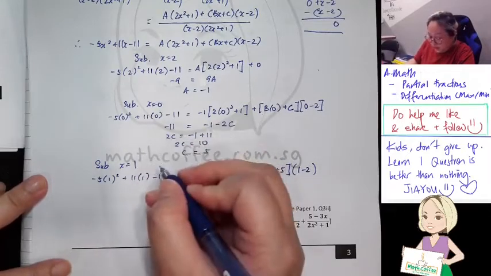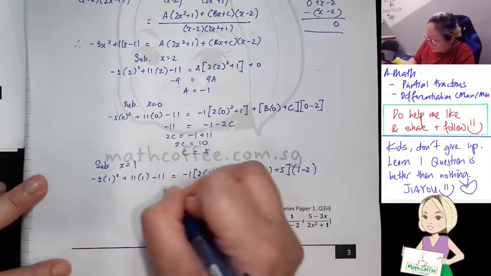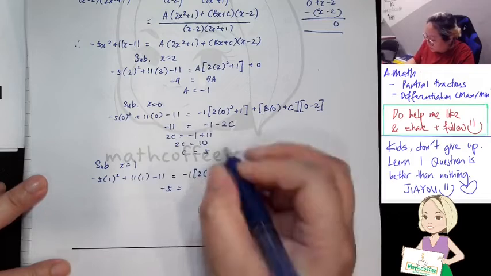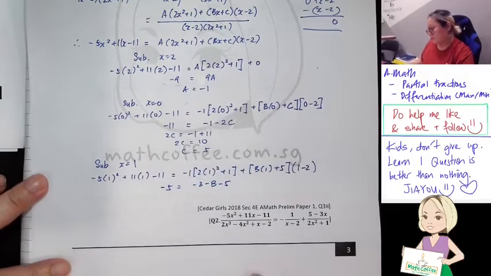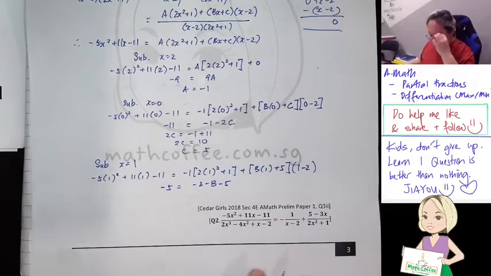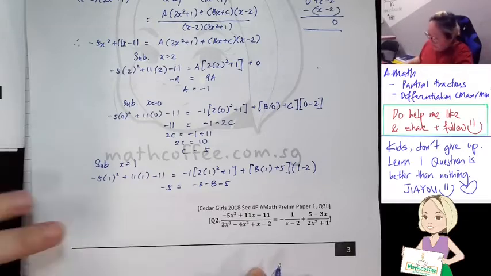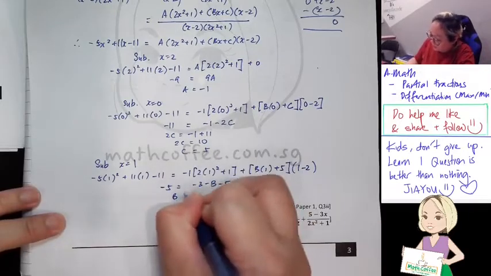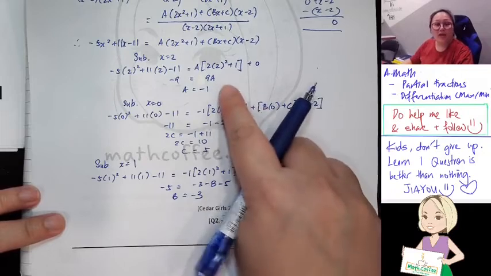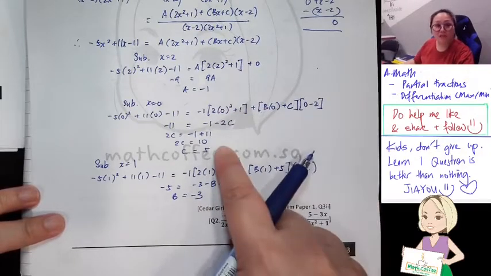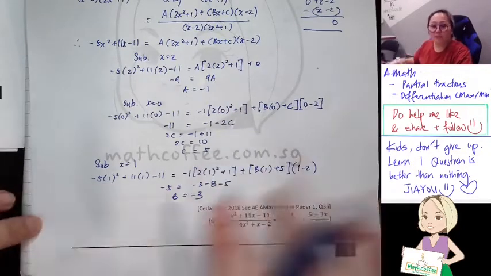So we will get minus 5 equals to minus 3 minus b minus 1. Okay, and eventually I will get my b equals to negative 3. So you see, I solved my a, I solved my b, I solved my c. So now I can break it up.